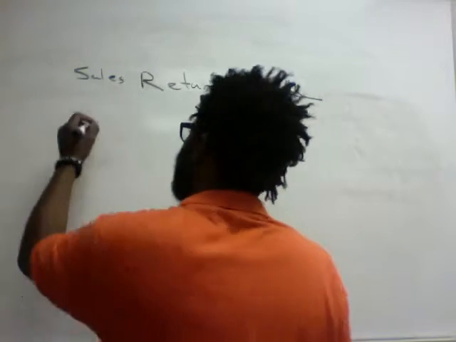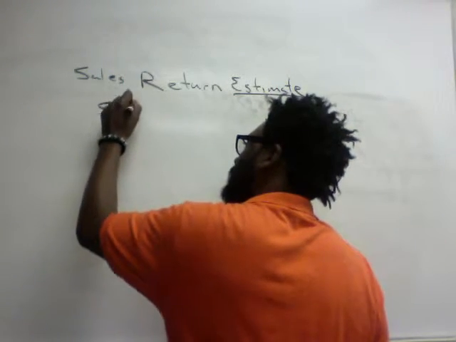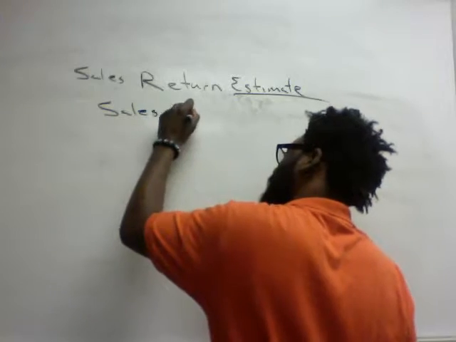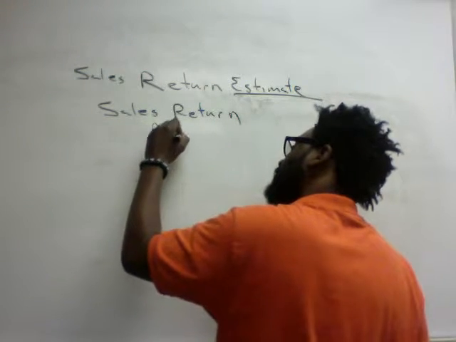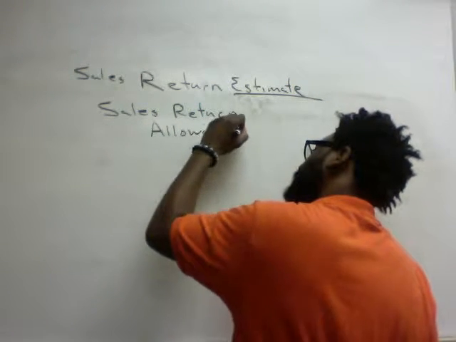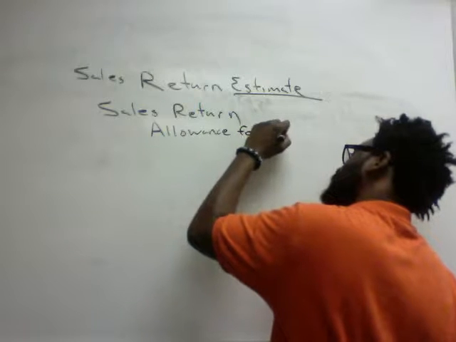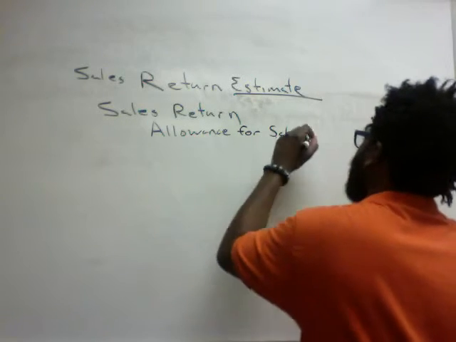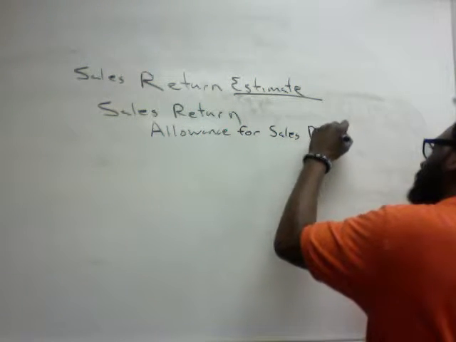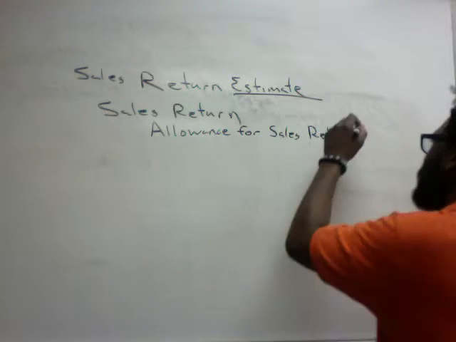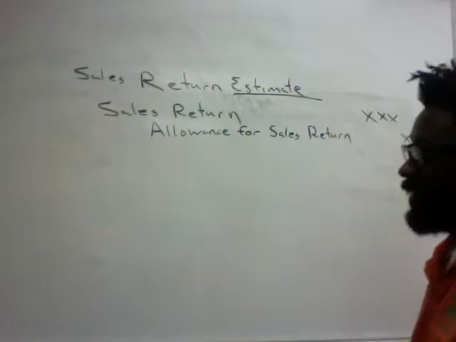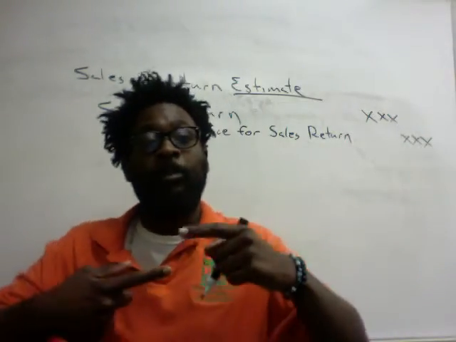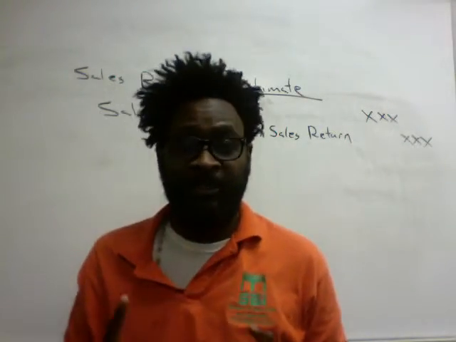So what you have to do is you have to debit sales return, and you're going to credit allowance for sales return, for whatever number. You also have to put inventory back on the book, essentially.